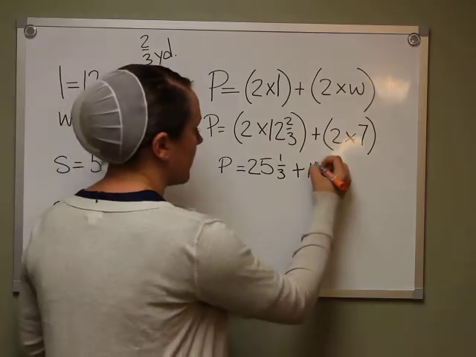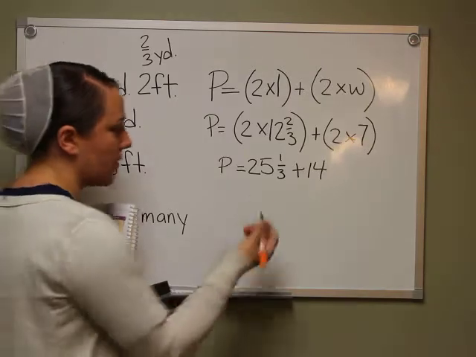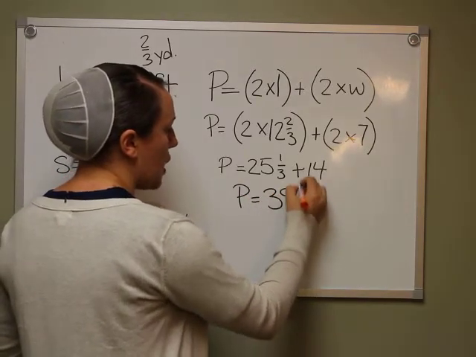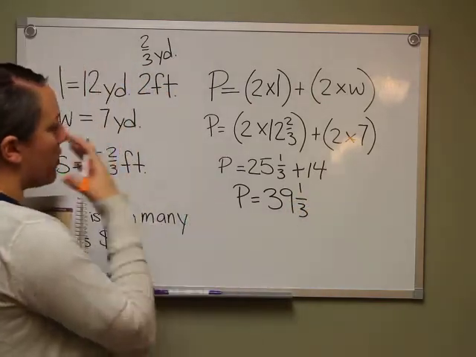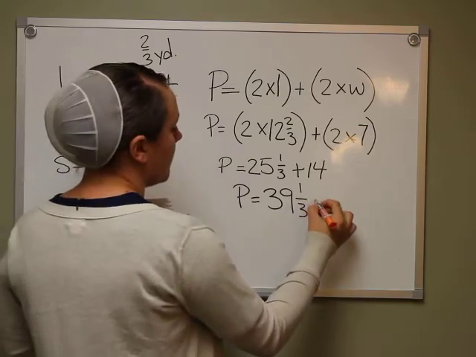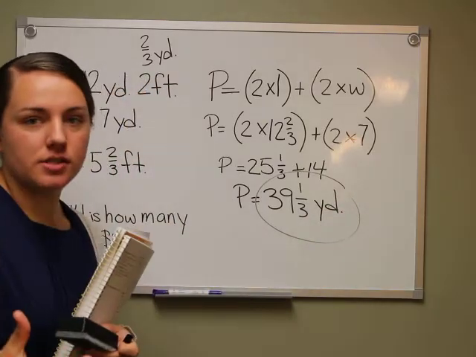That would be 14, okay? So now we need to add these together. 25 1/3 plus 14. That would be 39 1/3. So our answer here is 39 1/3 for the perimeter of this rectangle in yards, all right?